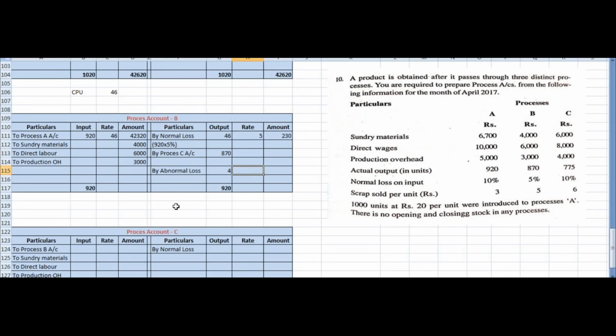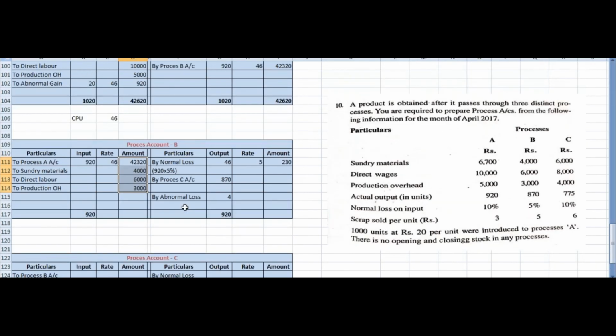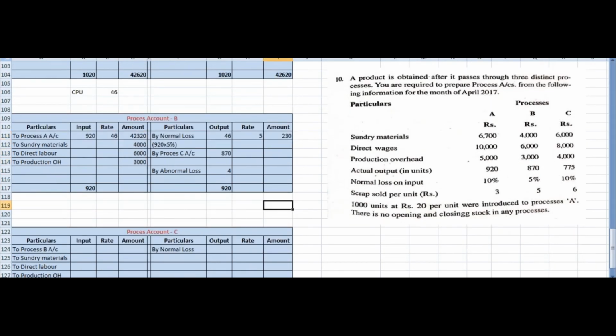Abnormal loss. Cost per unit, do it fast. It is 55,320 minus 230, divided by 920 minus 46.